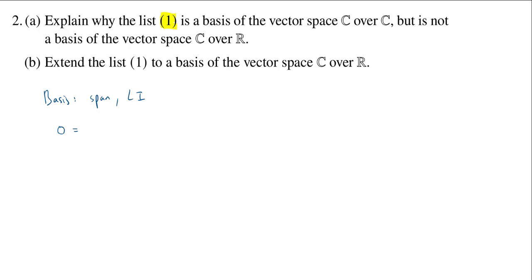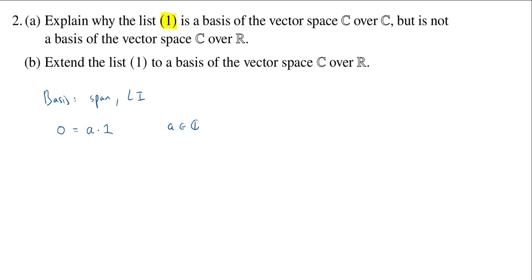Well, let's write down some representation, right? Since we're working over the complex numbers, this a here is going to be from the complex numbers, and we multiply it by 1. So here a is a complex number. And we want to know, then, what does a have to be? And of course, we're working in a field. Fields are integral domains.